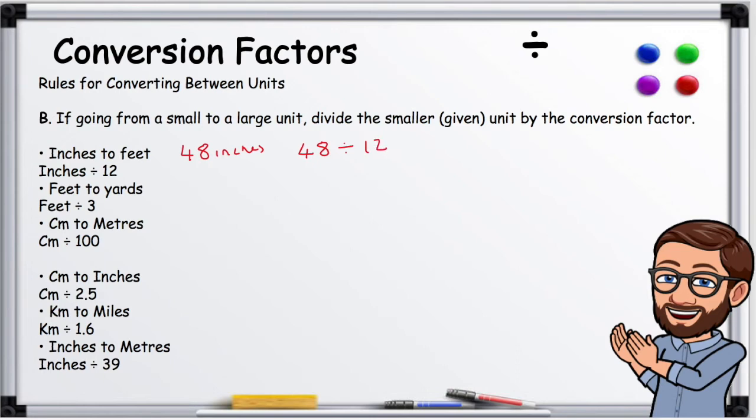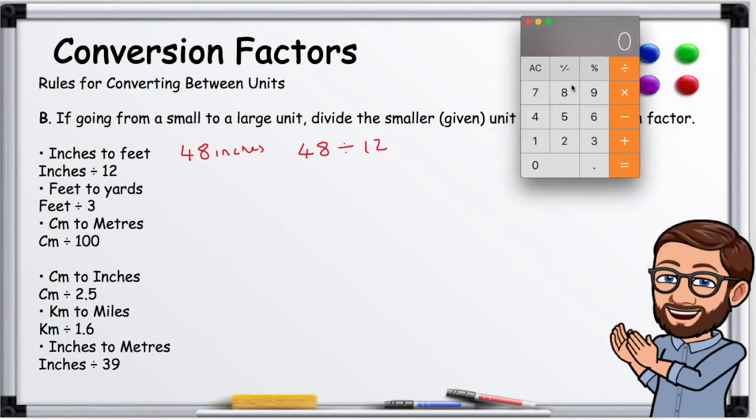Let's get a calculator. 48 divided by 12 equals 4. So 4 feet equals 48 inches. Okay? Let's try another one, feet to yards.